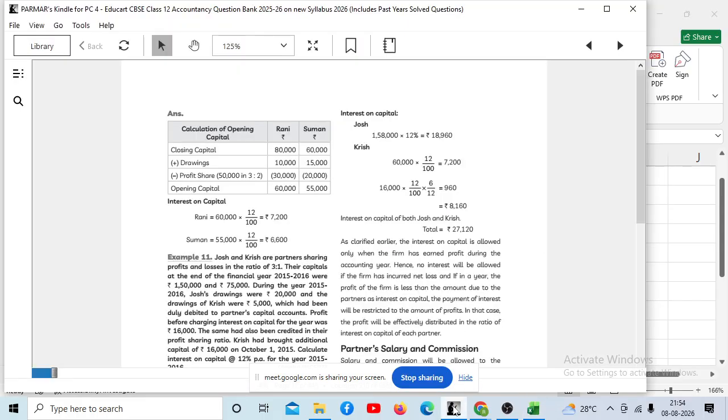Now they are telling that Krish had also brought some additional capital, right? Now if additional capital is coming, no, then liability is increasing. So what the golden box is telling? Credit.